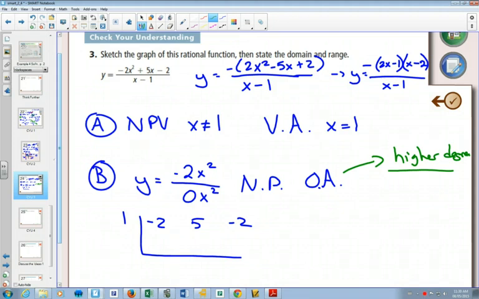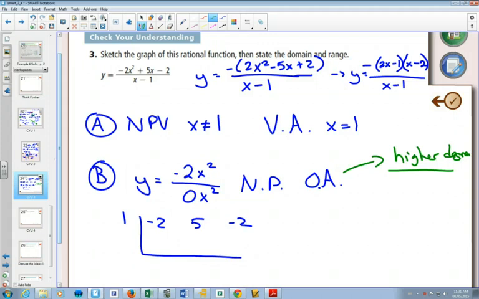The only time that you don't get an oblique asymptote with a higher degree on the top is, technically, x squared over 1. That does have a higher degree on the top, but that's just a line. You'll be able to recognize that it doesn't have an oblique asymptote. But when you have a polynomial on the top and the bottom, and the higher degree is on the top, that's going to tell you that you have an oblique asymptote.